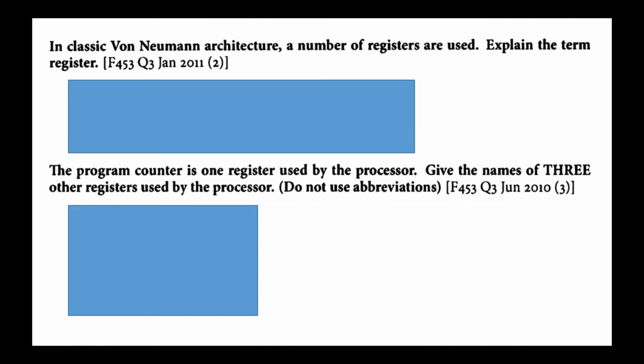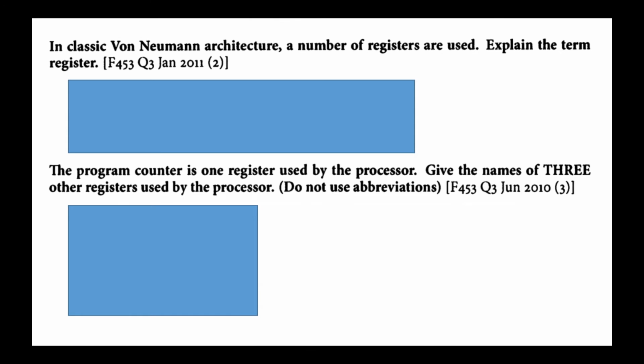In classic von Neumann architecture, a number of registers are used. Explain the term register, and the next thing, give the name of 3 other registers used by the processor. So in the question it says the program counter is 1 register used by the processor. Give name of 3 other registers used by the processor. Do not use abbreviations.